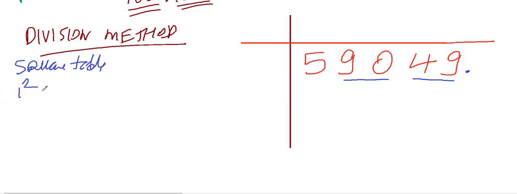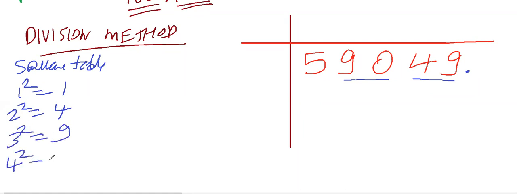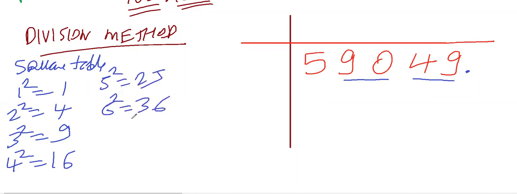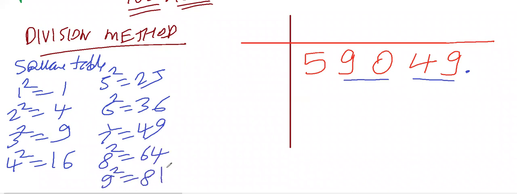Square table means 1 square is 1, 2 square is 4, 3 square is 9, 4 square is 16, 5 square is 25, 6 square is 36, 7 square is 49, 8 square is 64, and 9 square is 81. This is called square table.